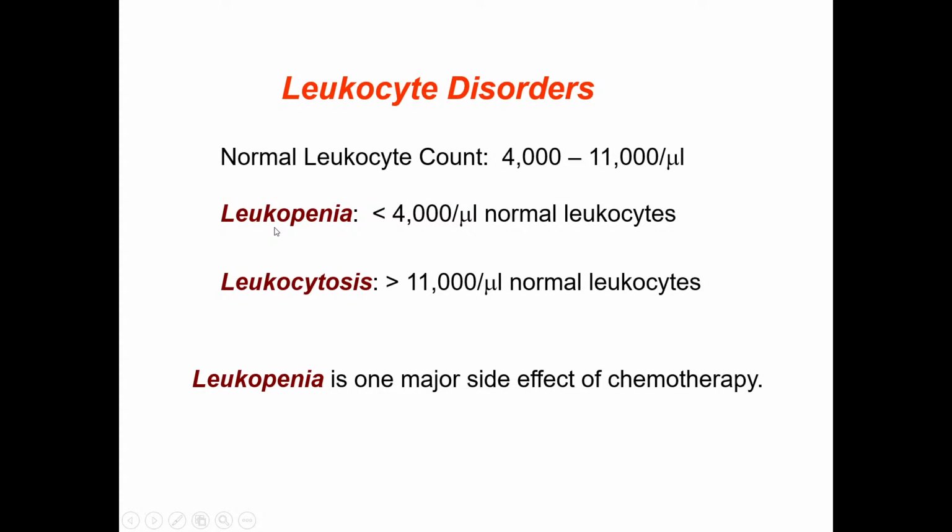One is called leukopenia, that is if the number of WBC gets lesser than 4,000. That is, if the number of WBC decreases beyond the minimum limit of 4,000, we can have leukocytopenia or leukopenia. But if the number of WBC exceeds 11,000, we have another kind of condition which is called leukocytosis.